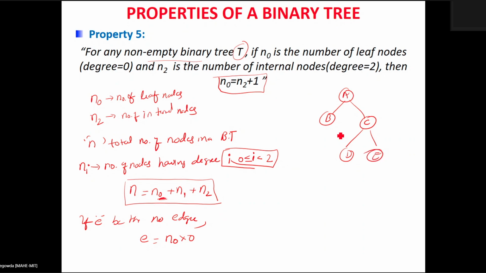In this example, n0, the number of nodes with 0 children, are these three. That is nothing but 3, right? How many edges are there for these? Because there are no children, no edges originate from these leaf nodes. So that's why it is nothing but 0.